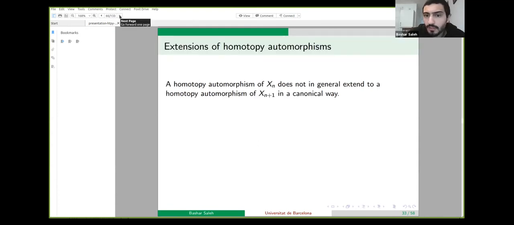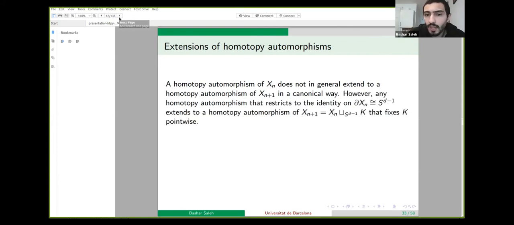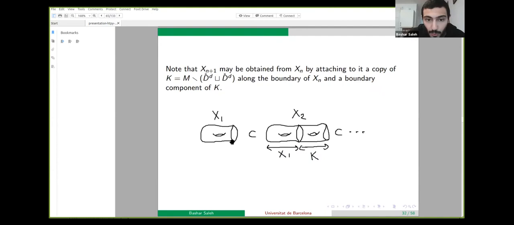A homotopy automorphism of Xn does not in general extend to a homotopy automorphism of Xn+1 in any canonical way. However, any homotopy automorphism that restricts to the identity on the boundary extends to a homotopy automorphism of Xn+1 that fixes K pointwise. If we go back to the picture, if we have a homotopy automorphism that fixes this boundary, then we can just extend it to a homotopy automorphism of this, which is the same on this part and the identity on this part.